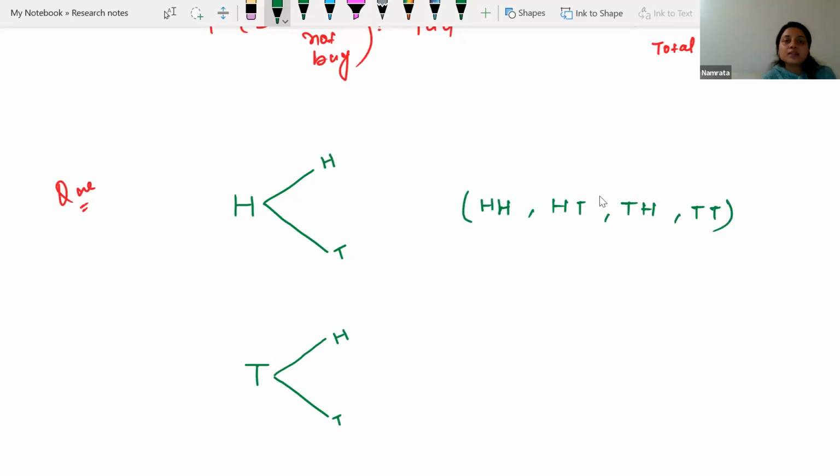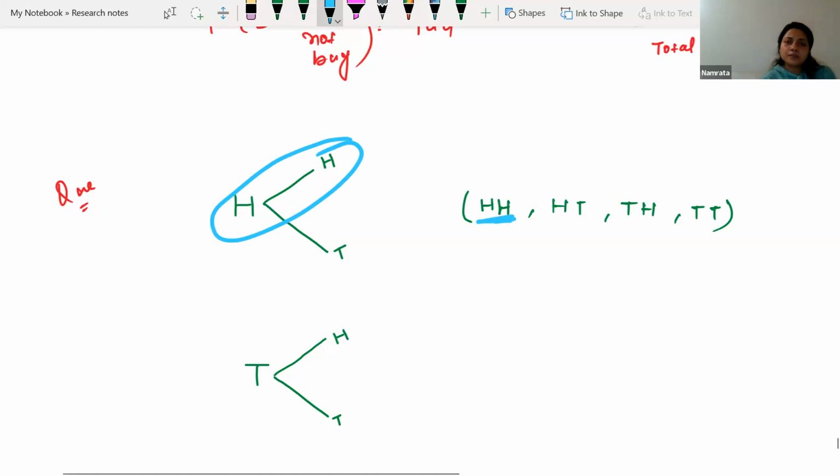How am I writing this sequence? I am writing it like this. If we are tossing a coin two times, then I am writing head head, then head tail.